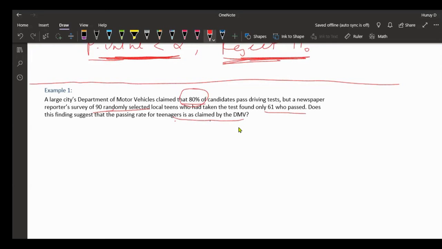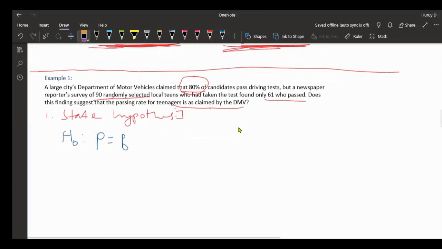Okay, so let's do this step by step. Step one is state your hypothesis. My null hypothesis is P equals P sub naught. Well, I don't have to use P sub naught, sorry.